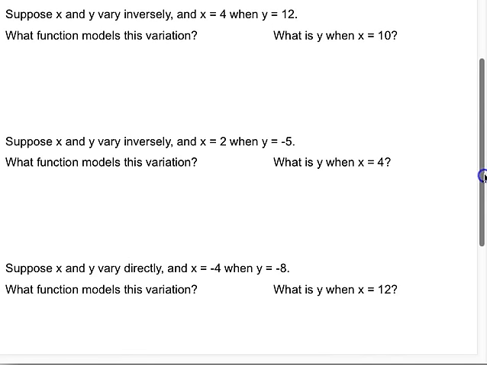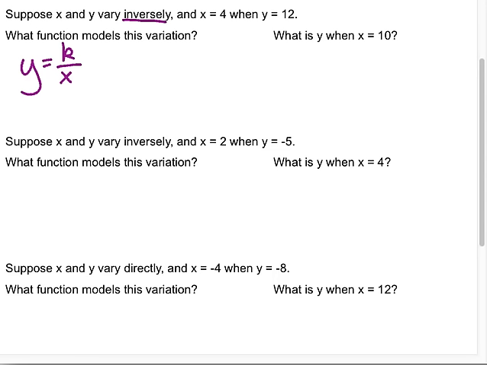So, suppose x and y vary inversely. Well, inversely tells me I have this set up. All right, so the first step is picking the right equation, okay? Inverse means you're dividing by the x.